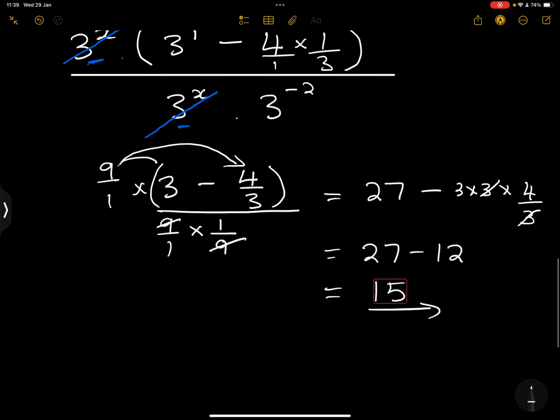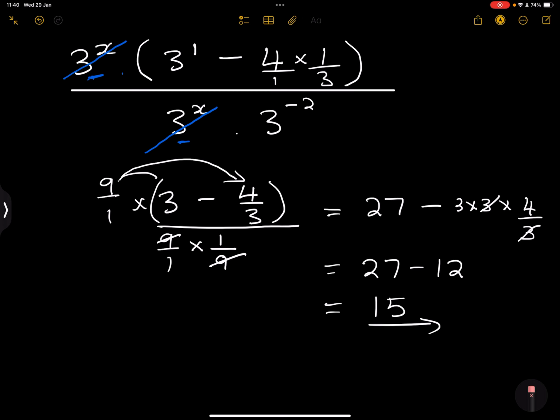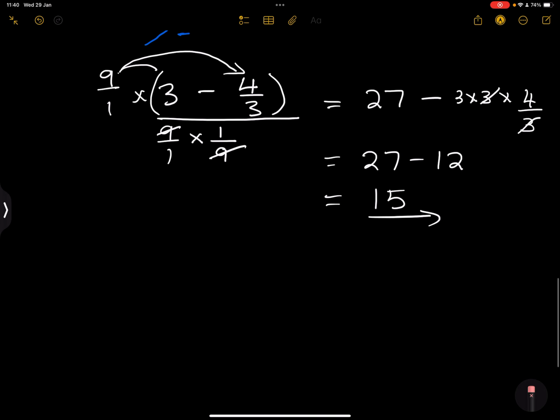All right, and that is how you'd get to the final answer. But in this case, if you found this a little bit challenging, of course, you can always just put that in your calculator. You should be able to get an answer. However, I do insist, ladies and gents, you must be able to deal with fractions. Right, let's go on to the next question.